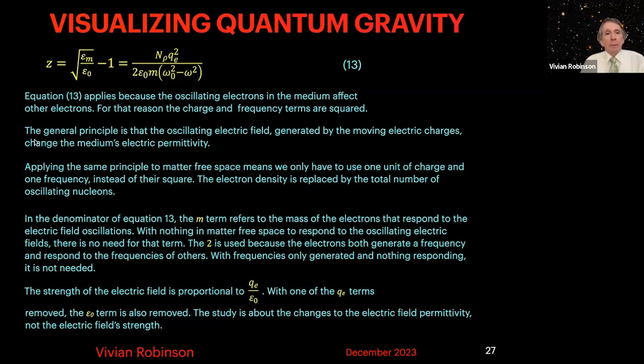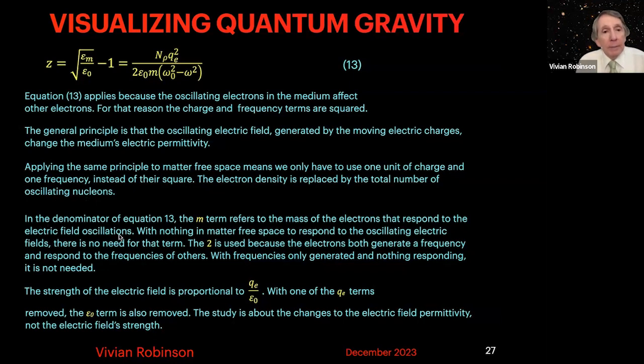The general principle is that oscillating electric fields generated by moving electric charges change the medium's electric permittivity. Applying the same principle to matter-free space means we only have one unit of charge and one frequency instead of their square. The electron density is replaced by the total number of oscillating nucleons.